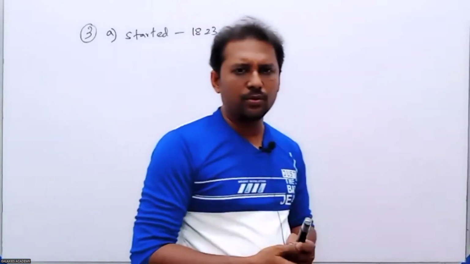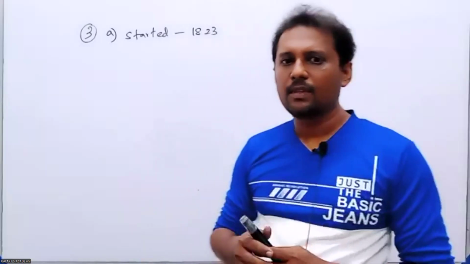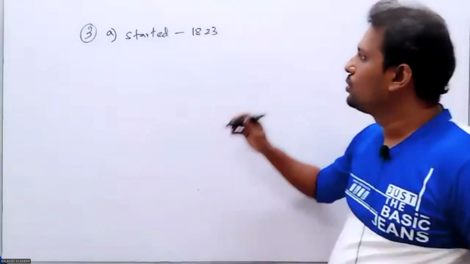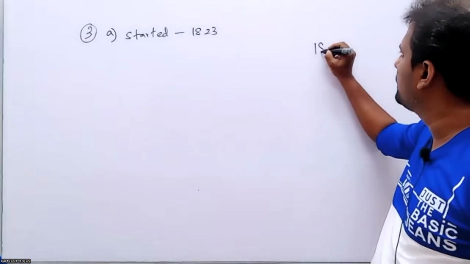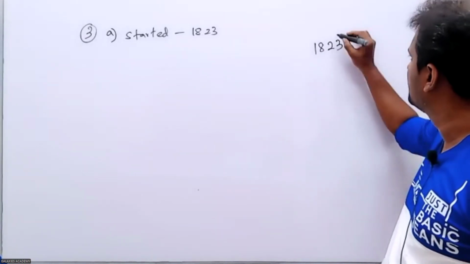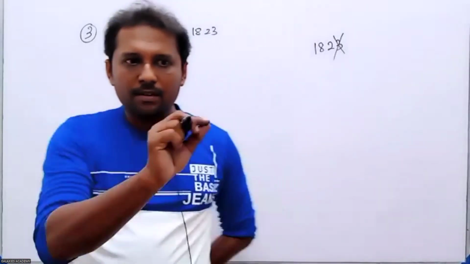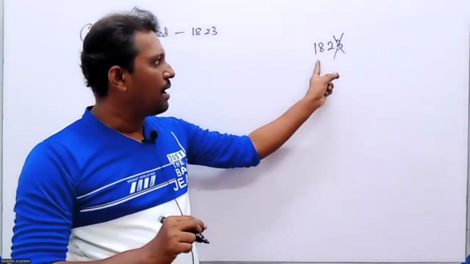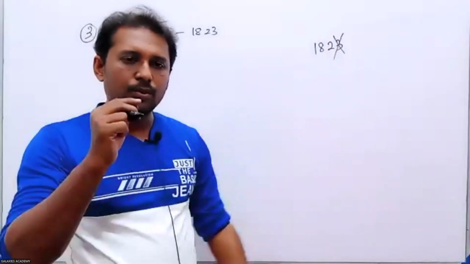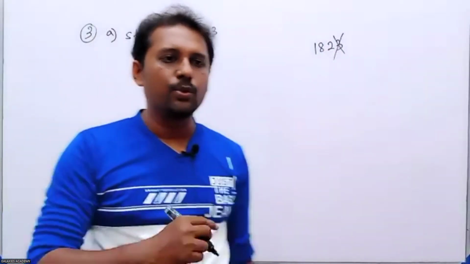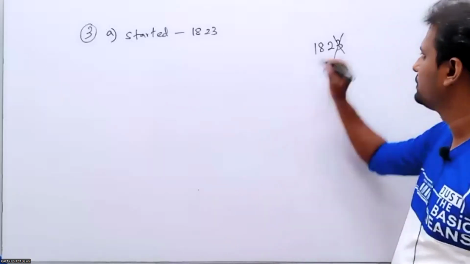What do you have to do to find the decade? You remove the last digit of the given number. Then what is the remaining value? 182. You add 1 to this remaining number.